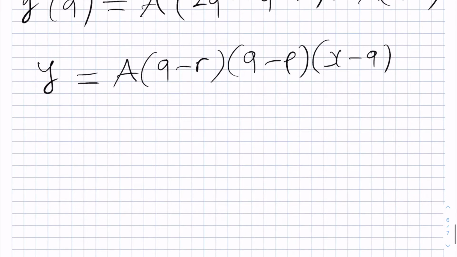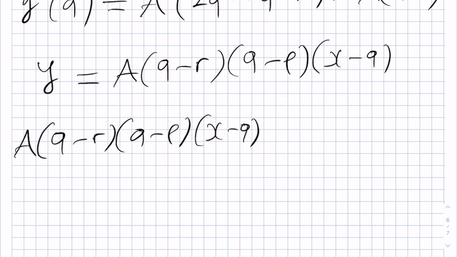the solutions, we have a(q − r)(q − p)(x − q) being equal to a x(x − r)(x − p)(x − q). Now, we know that x equals q is an acceptable solution because this is where the tangent occurs.